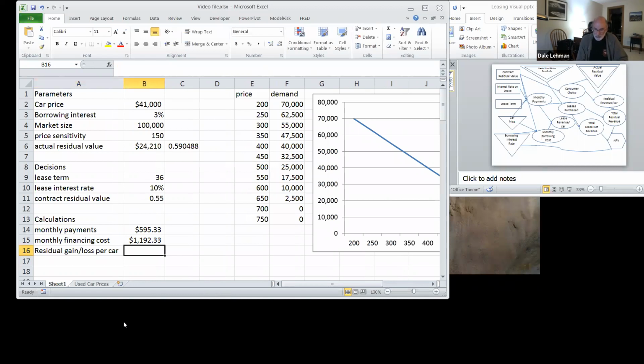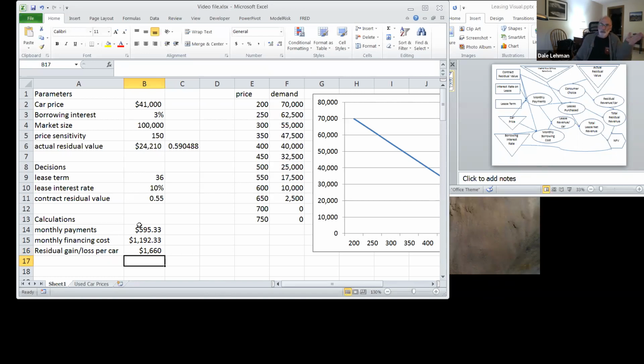So I'm going to take the actual residual value, B6, and subtract what the contract residual is, which is B11 times purchase price, B2.